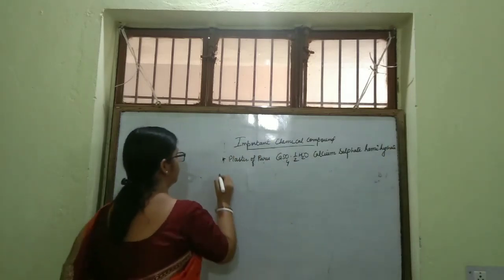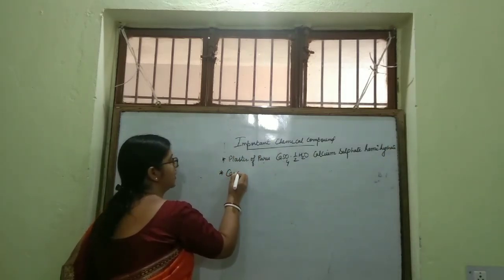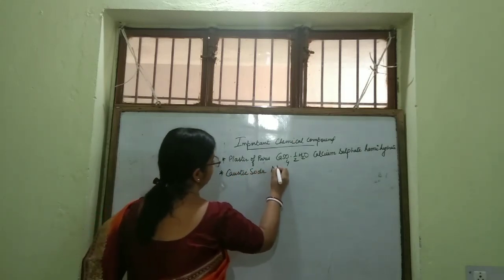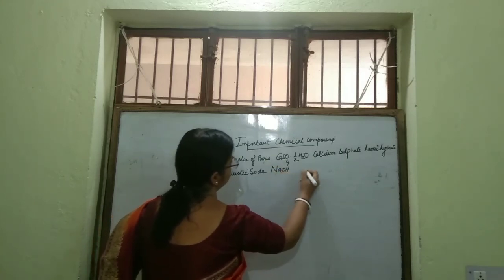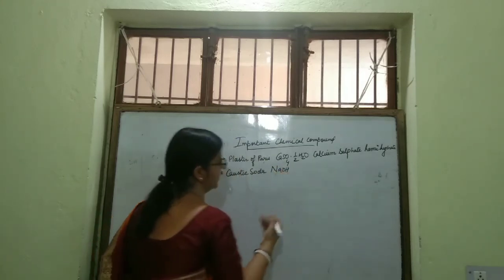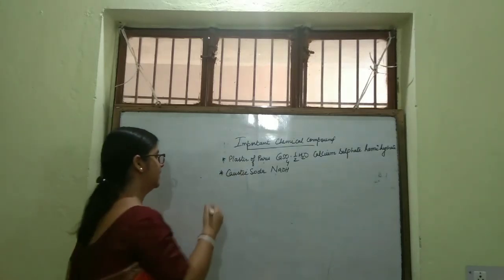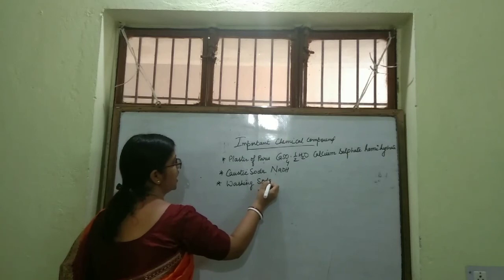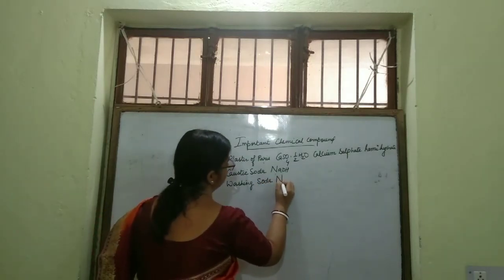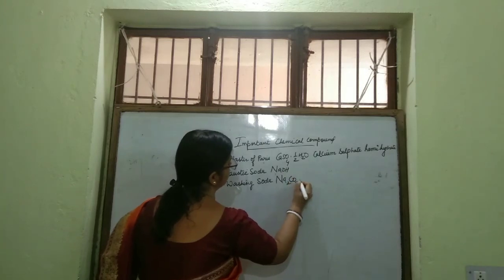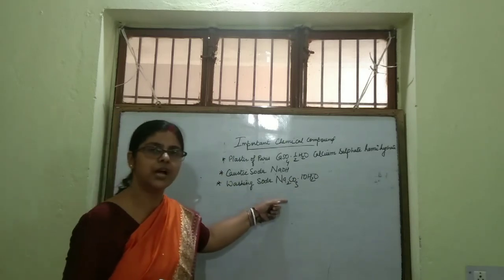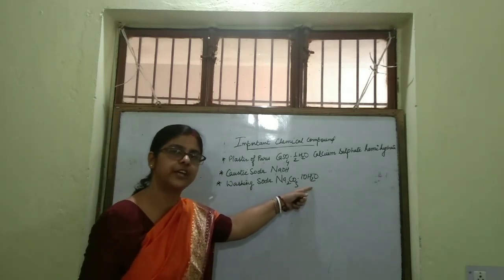Then next one is caustic soda. This is NaOH. All of us know its chemical name, no need of writing: sodium hydroxide. Then washing soda: sodium carbonate decahydrate, Na2CO3.10H2O.